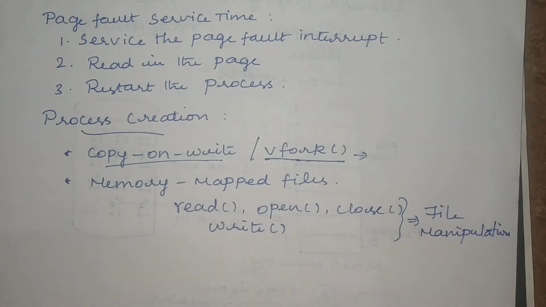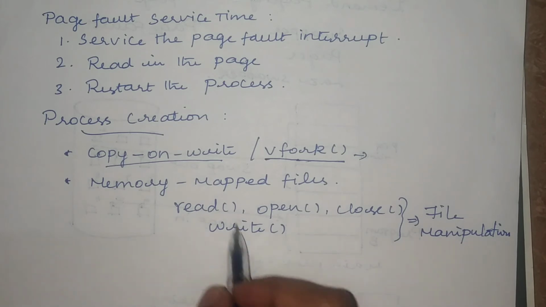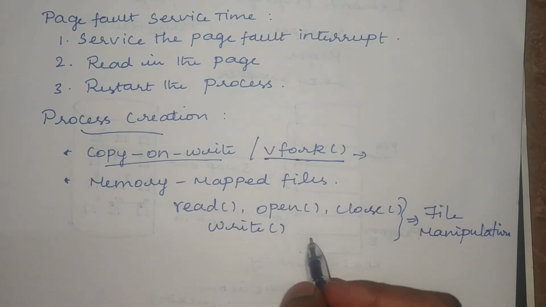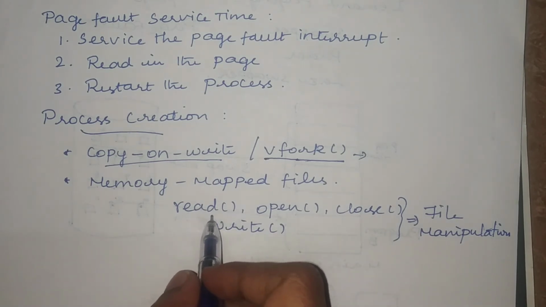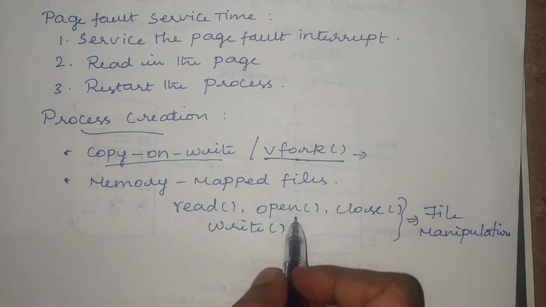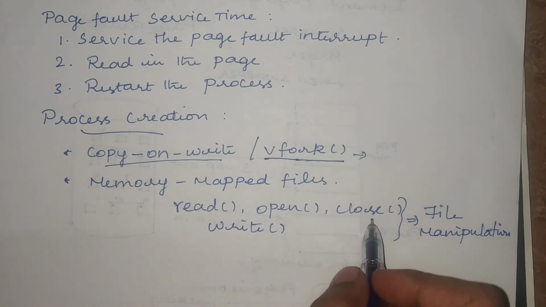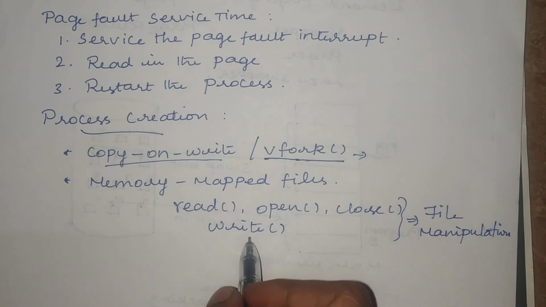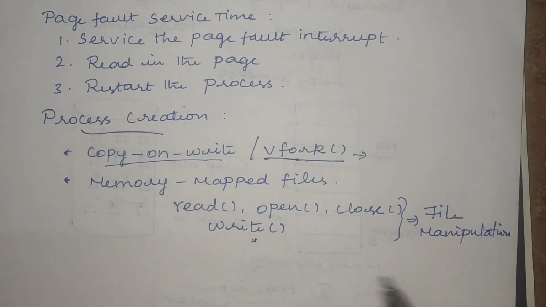In order to perform any file operations, all these system calls must be used. The read system call is used to read the content of the file. If you want to open it, you can use the open system call. If you want to close, you can use close. And if you want to write any new content, or modify any content that is already stored in the file, you can go with the system call write.